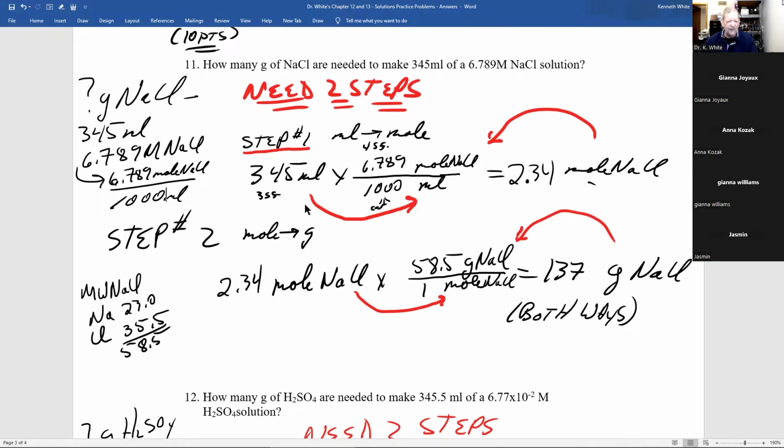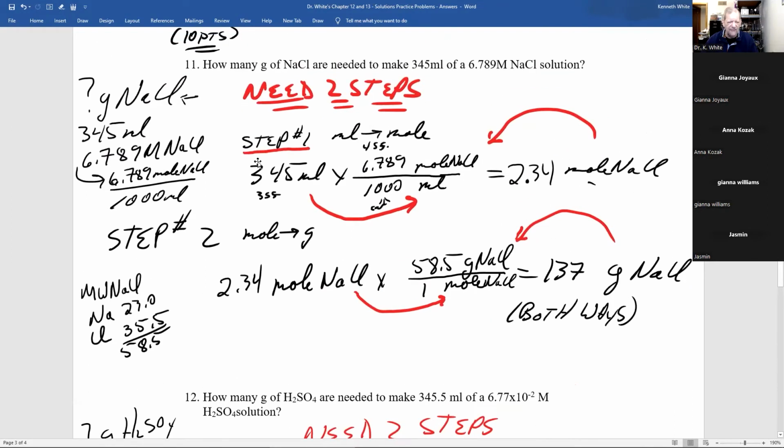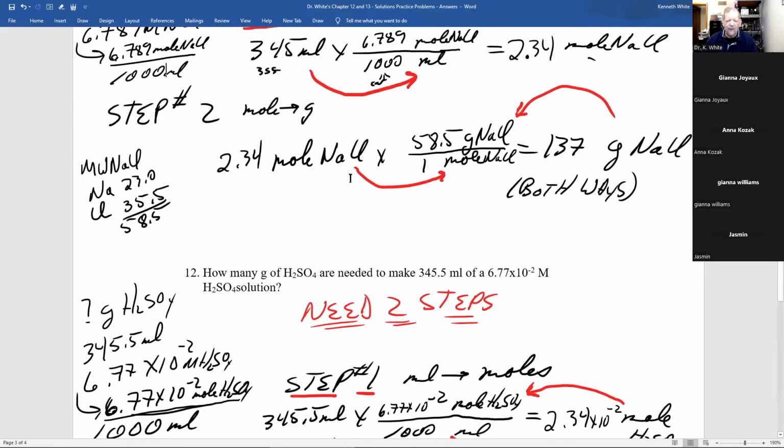We want to get to grams of sodium chloride. And what do we do? Step 2, moles to grams. And here we have moles of sodium chloride. Notice our final answer, we want grams of sodium chloride. And whatever we're trying to get to, when you're using your good buddy, your good friend, unit analysis, goes on top of the ratio.